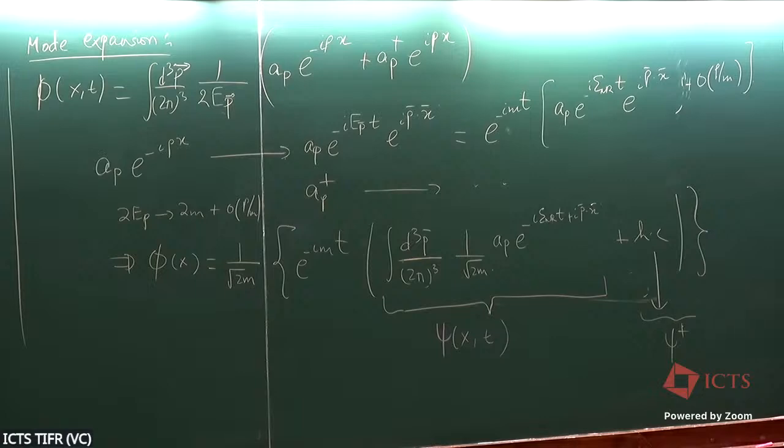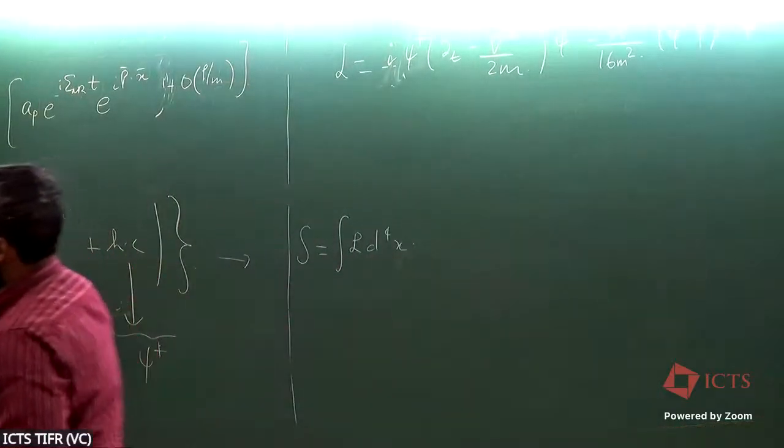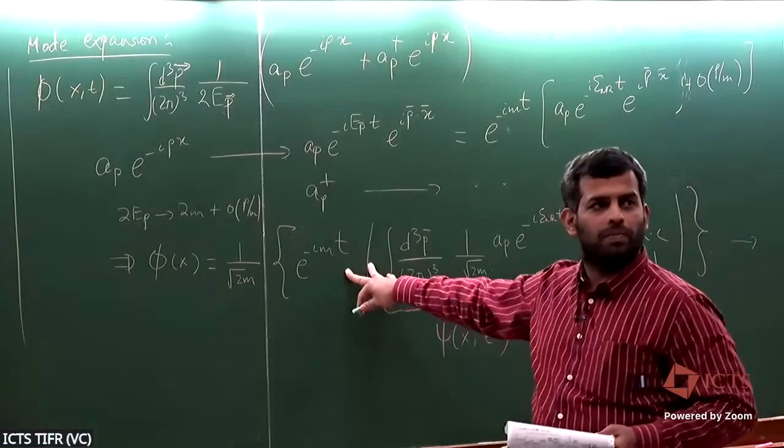Let me just outline this, because I will leave it as an exercise for you. This is a simple exercise, just involves algebra. You start with the action, which is L times d4x. Now, in the scalar Lagrangian, you substitute this expansion.